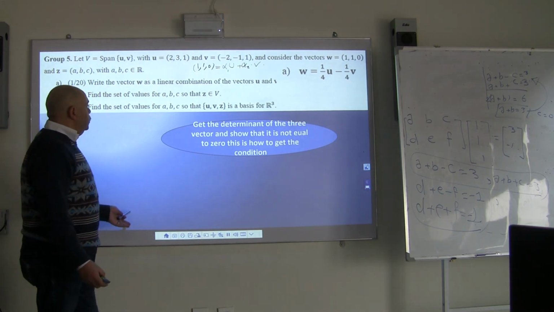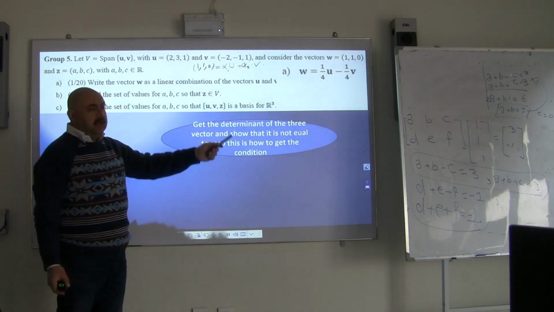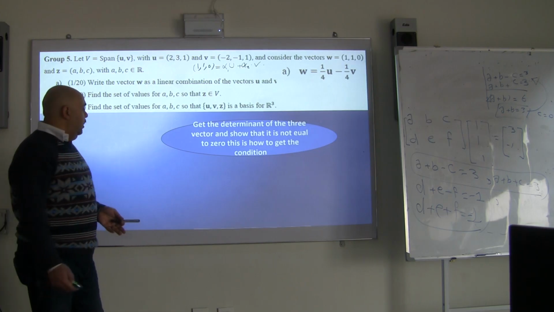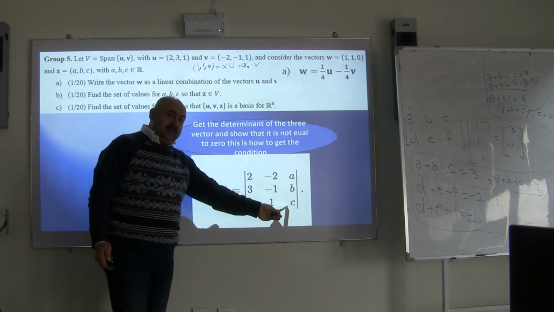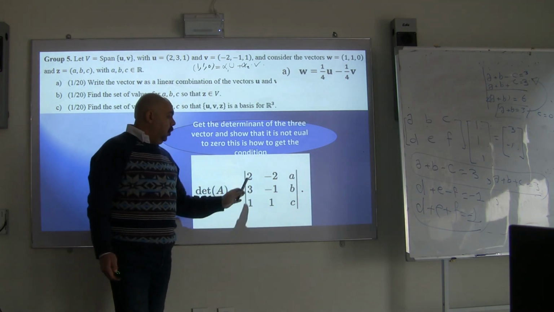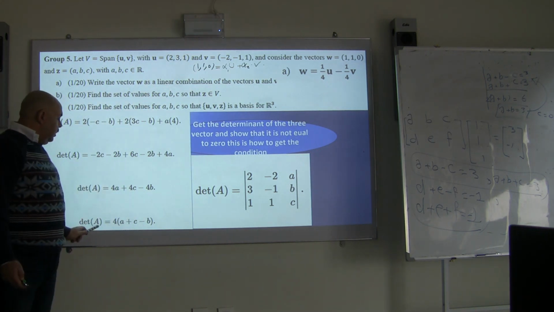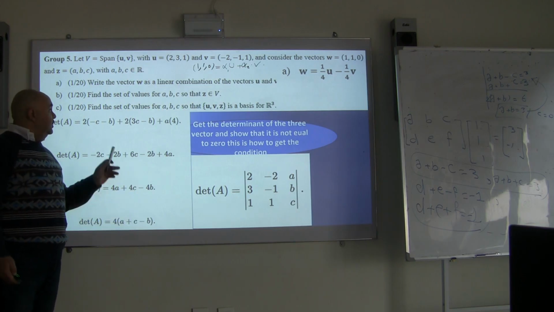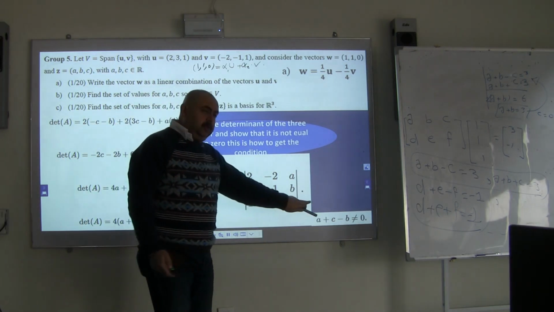So all I need to do is be sure that this set is a basis, meaning they are linearly independent vectors. So if I take this form, which is vector 1, vector 2, and the last vector, and try to compute the value of this determinant, I will end up having 4 equal A plus C minus B. For Z to be a basis for this system, this expression shouldn't equal 0.